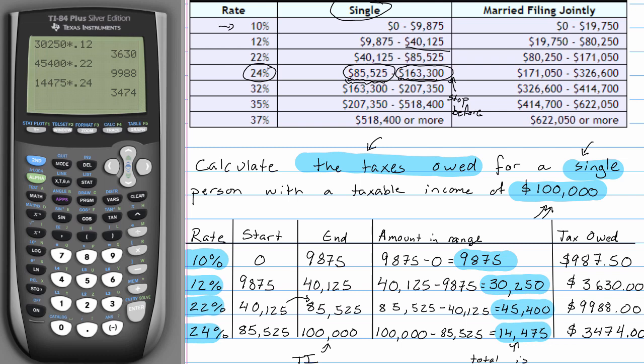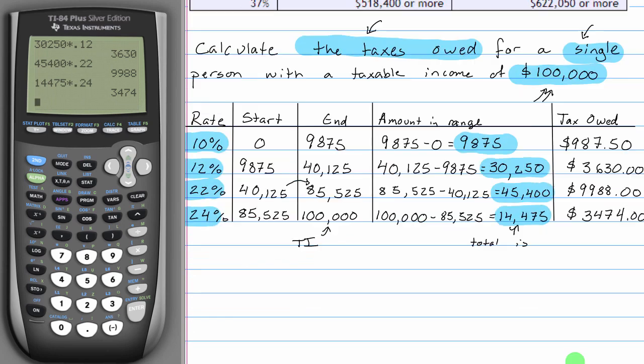So they don't pay 24% of 100,000. That would be $24,000. Instead, they pay, well, we just add up all these numbers. 987.50 plus 3,630 plus 9,988 plus 3,474.